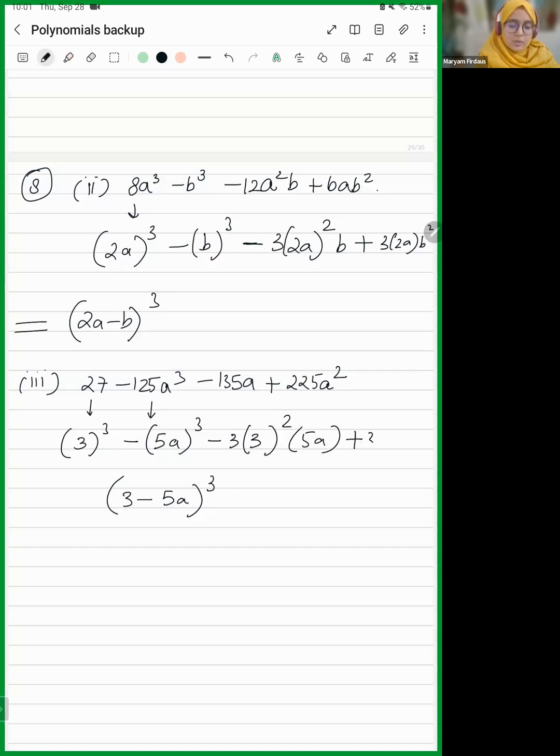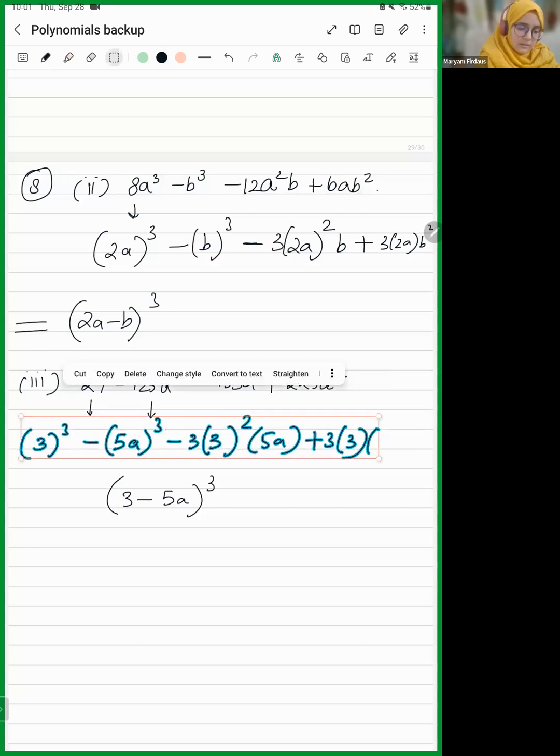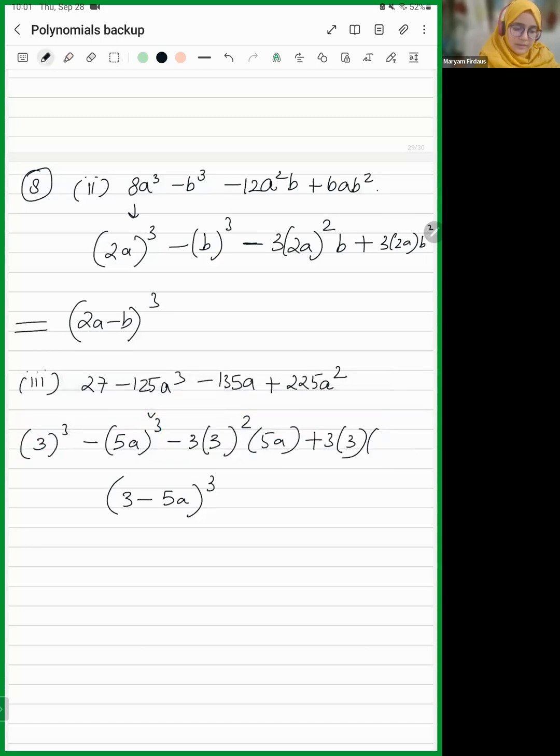Plus 3 into the first term as it is, no square, but the second term will have a square. Getting it? The second term will have a square. So 5a will have a square. Sorry, made a mistake.